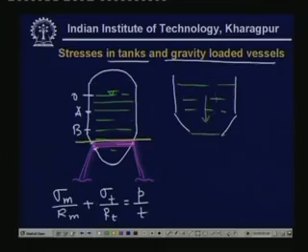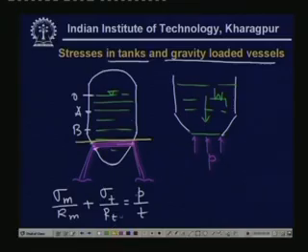The entire weight of the water above this stiffener or above this ring acts over here. There is a pressure P over here, and there is a stress.